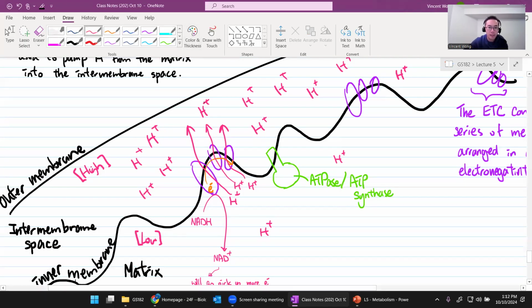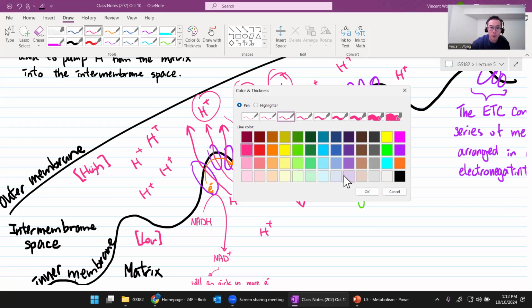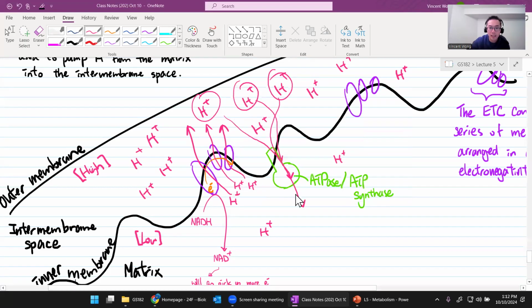So these H plus ions will flow through the turbine and go back into the matrix. And as they are passing through the turbine, this is where it's going to take ADP and P and combine them to create ATP.